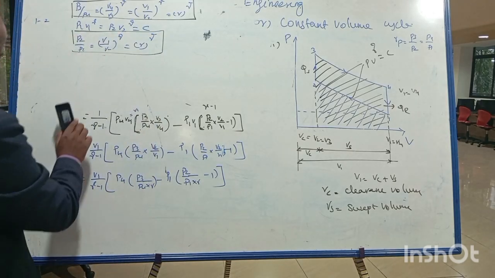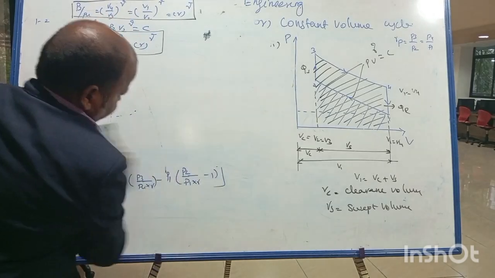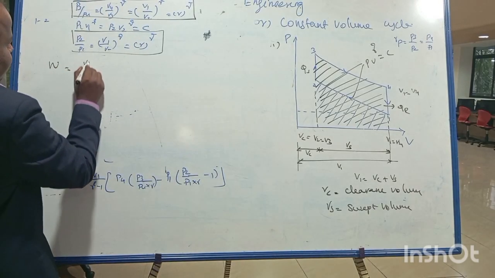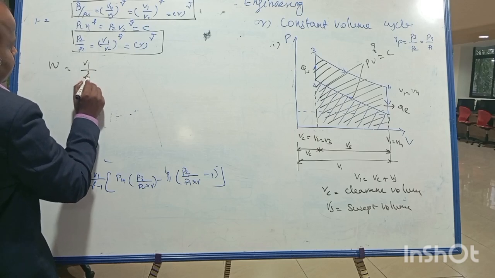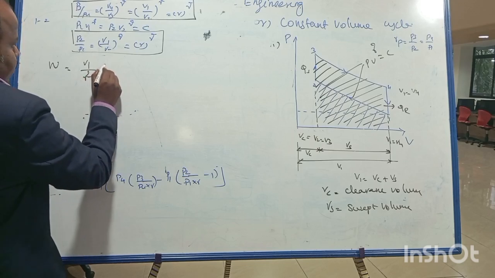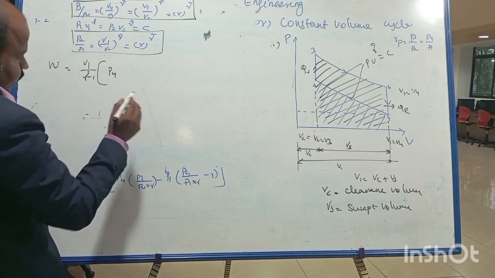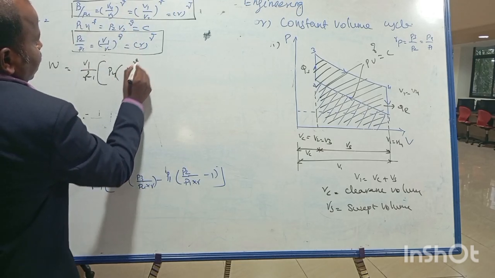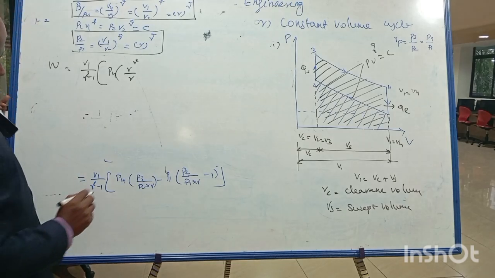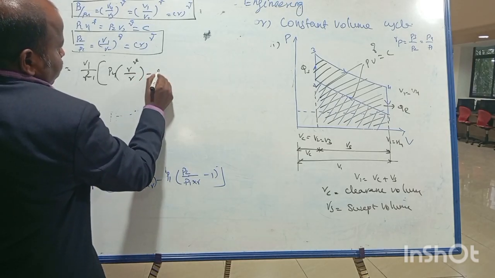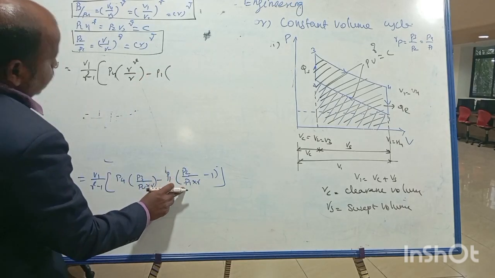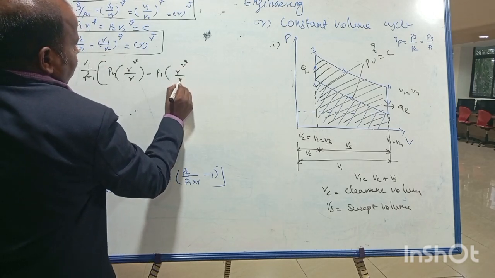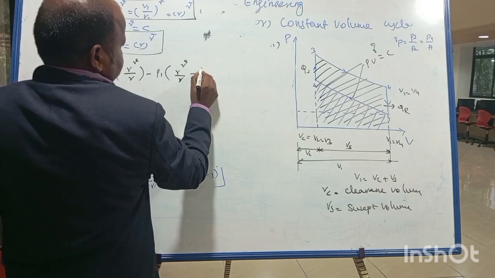So now work done W should be equal to V1 divided by gamma minus 1 into P4 into this P3 by P4 as R power gamma divided by R, minus P1 into this P2 by P1 as R power gamma divided by R minus 1.